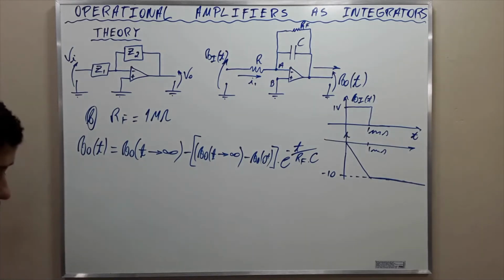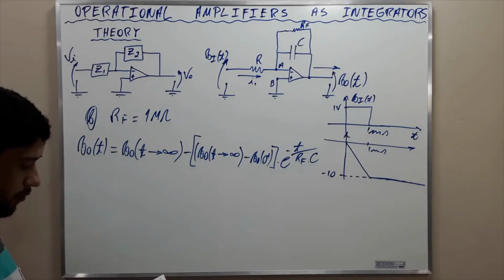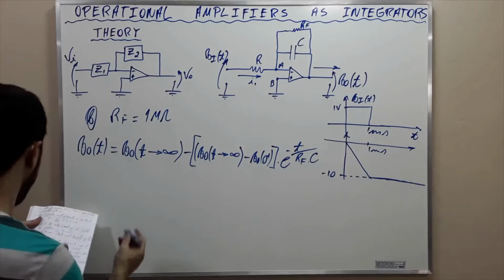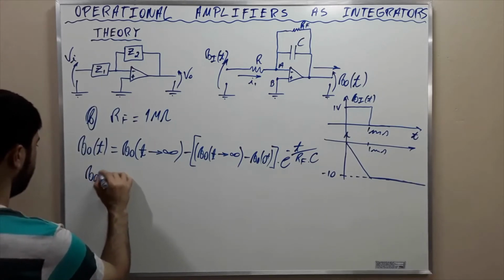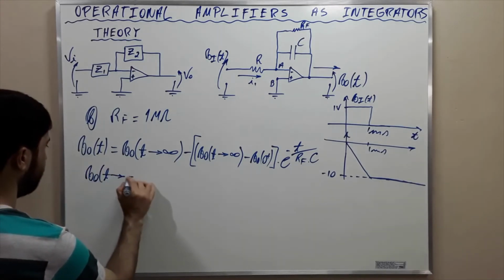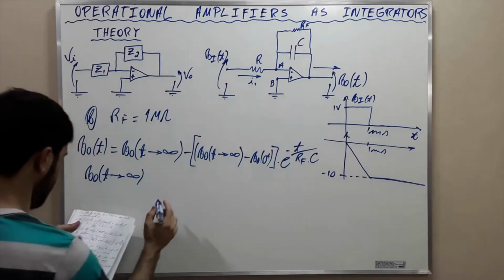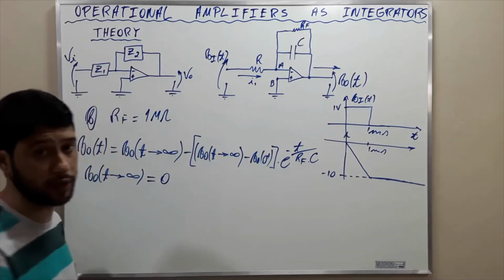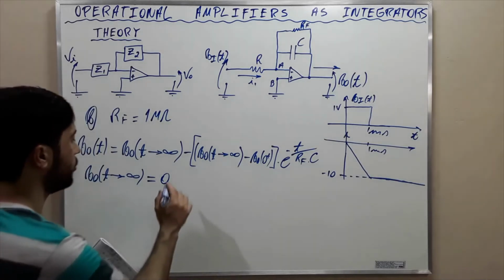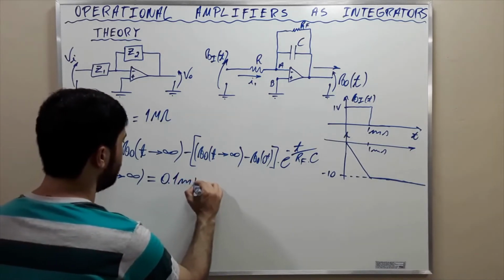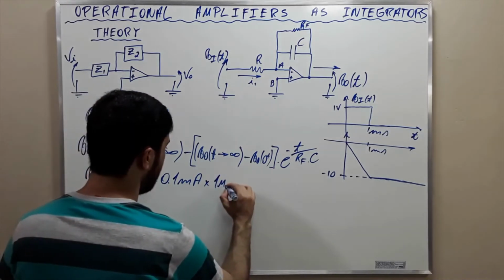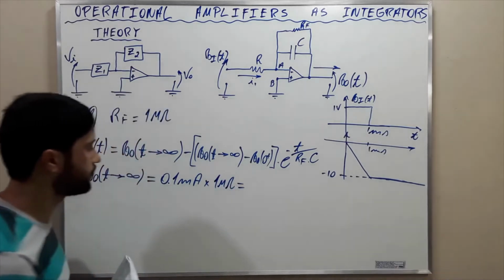And the output voltage for t going to infinity, we are going to calculate this first. V0 of t going to infinity is going to be equal to the output current that we just calculated, 0.1 milliamperes times 1 mega ohms, okay?